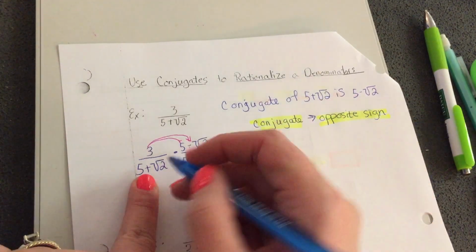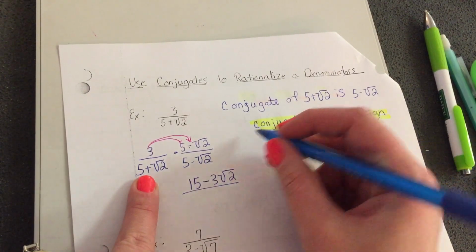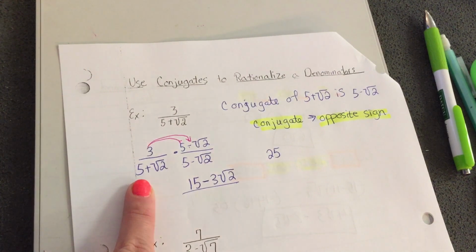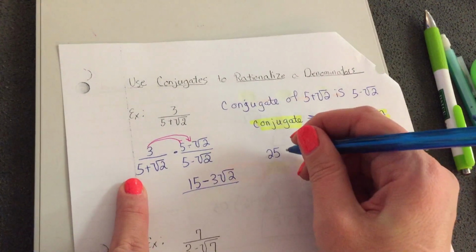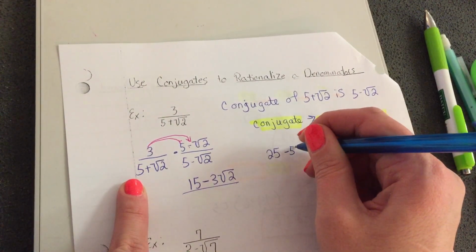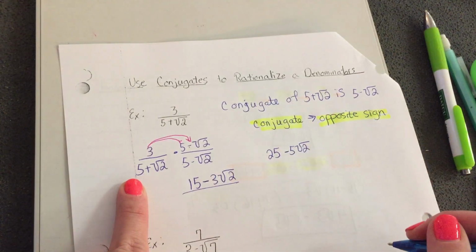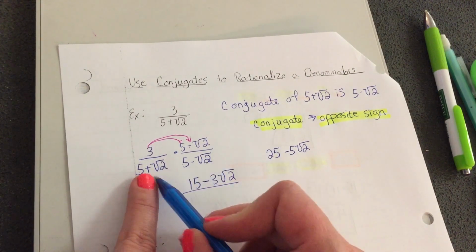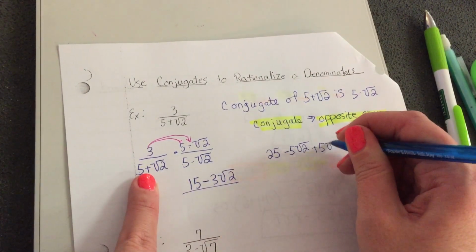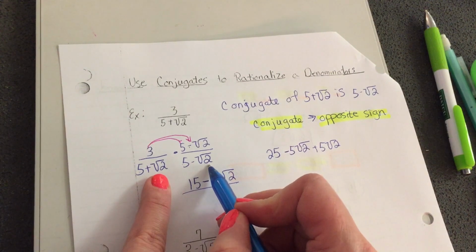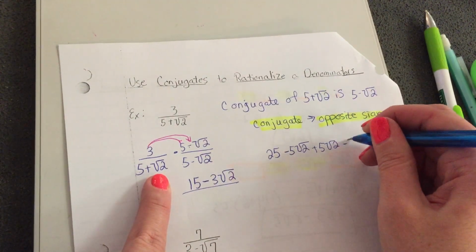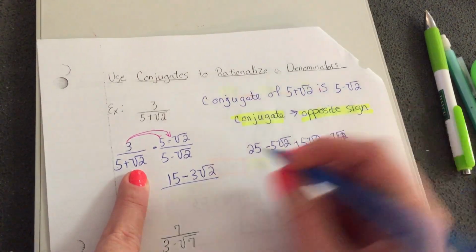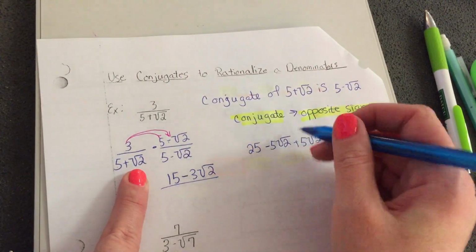I'm going to show you why. 5 times 5, this is like FOIL. If you do 5 times 5, you have 25, correct? 5 times negative square root 2, you have negative 5 square root 2. Do you see that? And so we went first, outside, inside is plus 5 square root 2, and last gives us a negative square root 4, because 2 times 2 is 4.